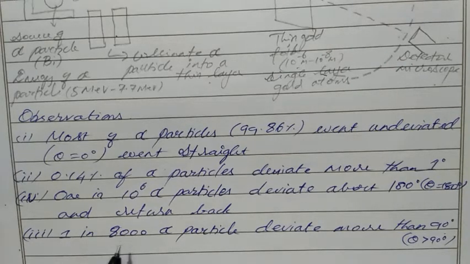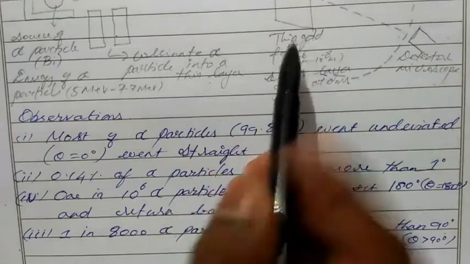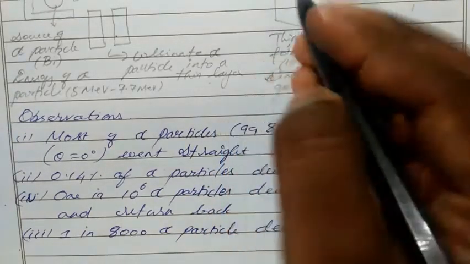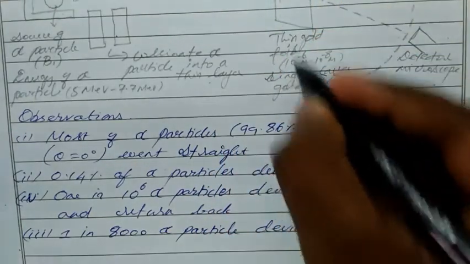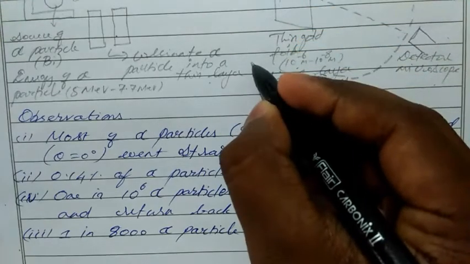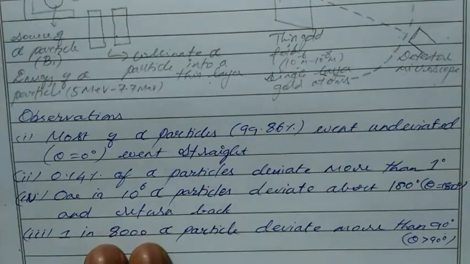So out of about 8,000 alpha particles, only one is deflected more than 90 degrees. We can say this is 90 degrees, and more than 90 degrees means somewhere here. So only 1 in 8,000.